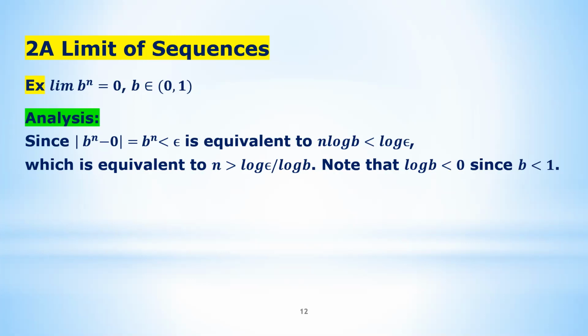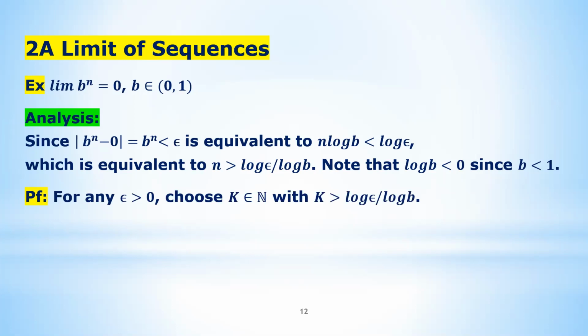If you divide by log b, you are dividing by a negative number, so the inequality sign changes. That's why you get n is greater than log epsilon divided by log b. And from here, you can easily find the K. K has to be any integer greater than log epsilon over log b, right?